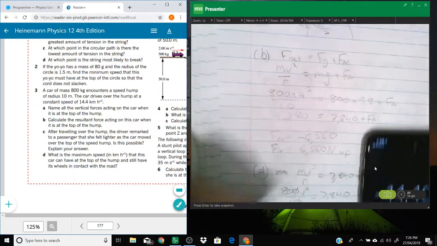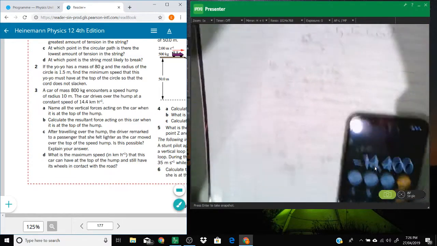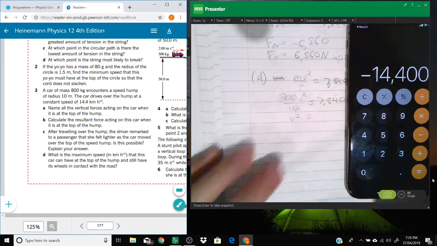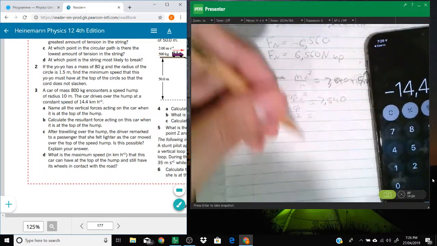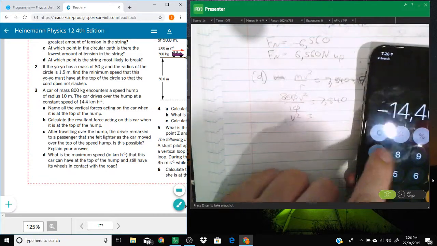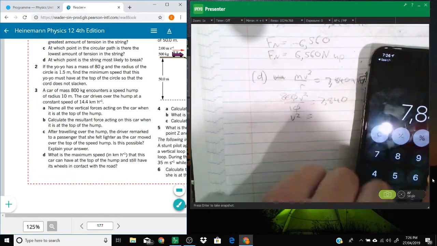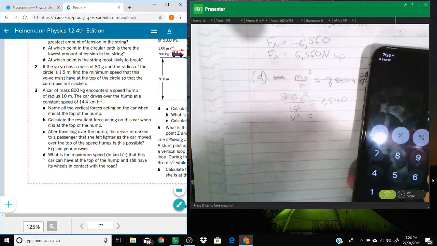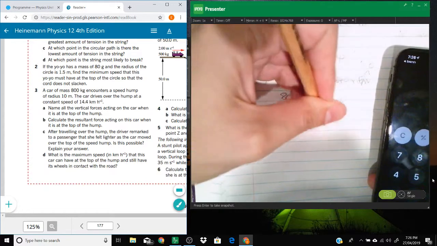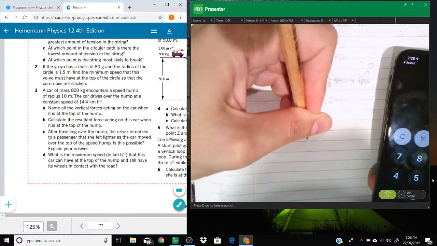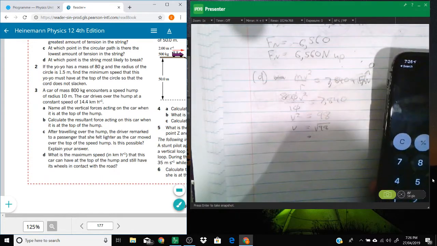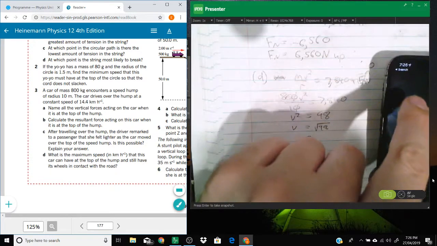v squared equals 7,840 divided by 80, which is 98. And the square root of 98. I actually don't know how to do a square root on this.